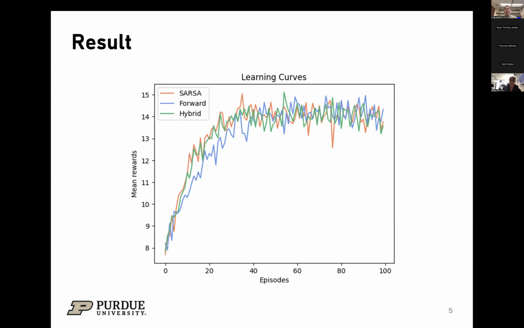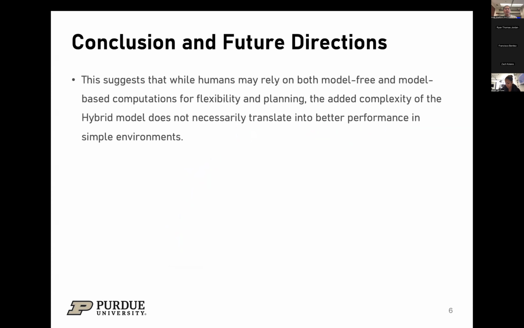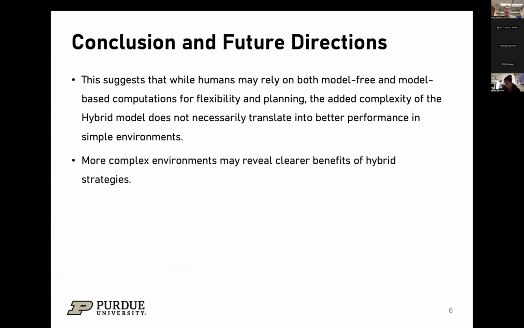However, the hybrid agent did not outperform SARSA. Their learning curves were almost identical. So this suggests that while humans rely on both model-free and model-based computations for flexibility and planning, the added complexity of the hybrid model does not necessarily translate into better performance in simple environments.